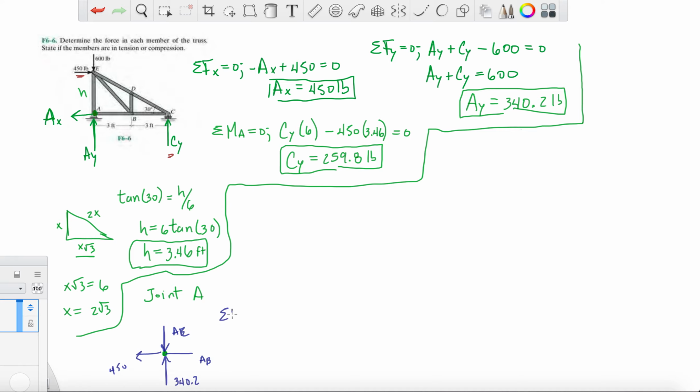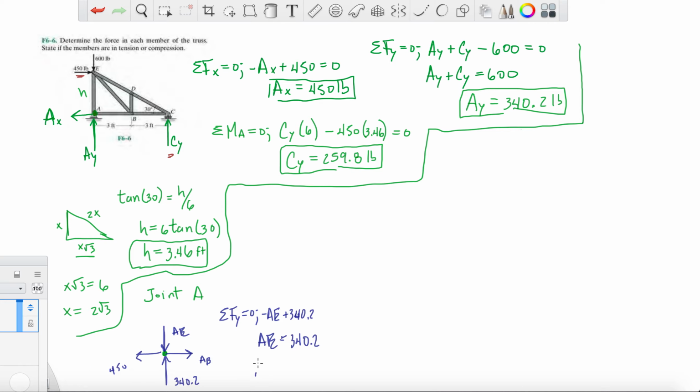This is just because when you do the Y equation, you're going to have minus AE plus 340.2, and that'll just give you that AE is also equal to 340.2. Okay, and if you do the same thing in the X direction, you're going to be forced to accept that AB is actually in tension.